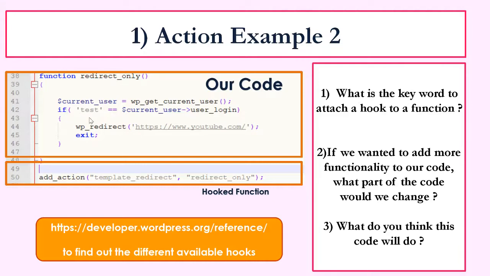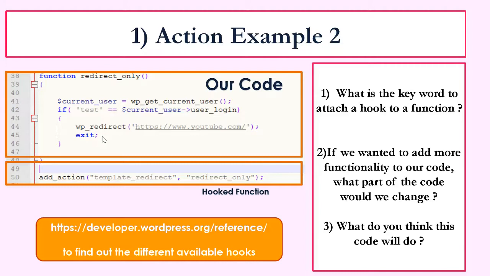Now it's saying that if the user's login name, so if the attribute of that current user object equals test, so if the name of the user equals test, we're going to redirect our website to YouTube and then just stop the plugin.